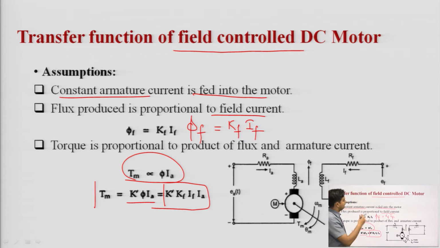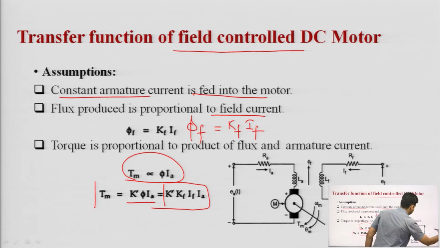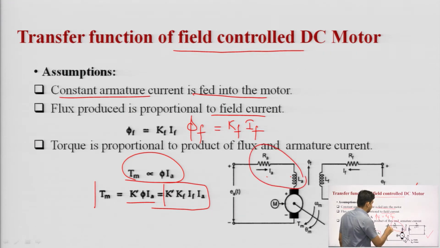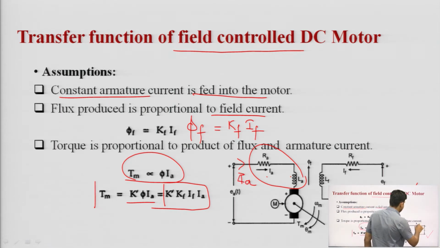Okay. So, for the field control DC motor we have to assume this equivalent circuit. Ra, Ia, La and the motor correspond to the armature winding, and I am assuming Ia is constant for field control, and this is my field winding having resistance Rf and Lf.